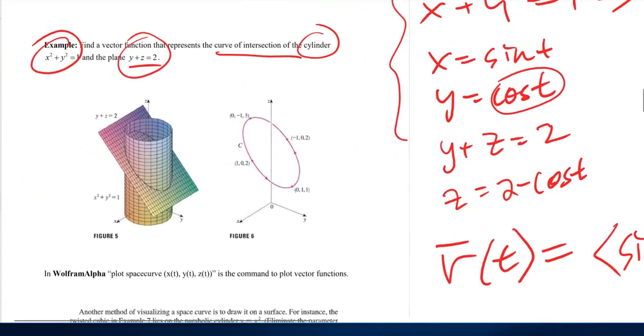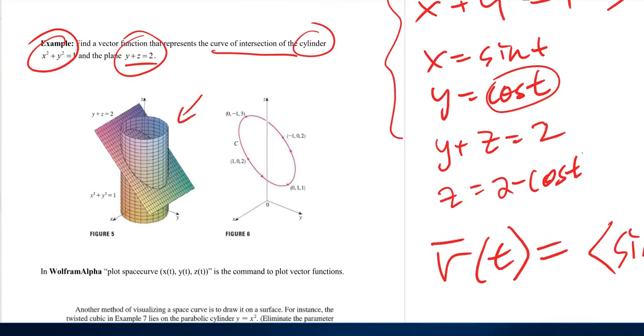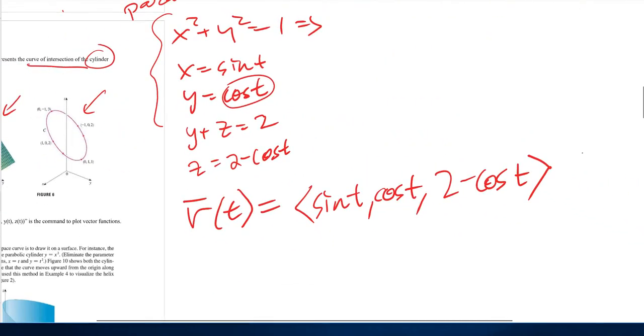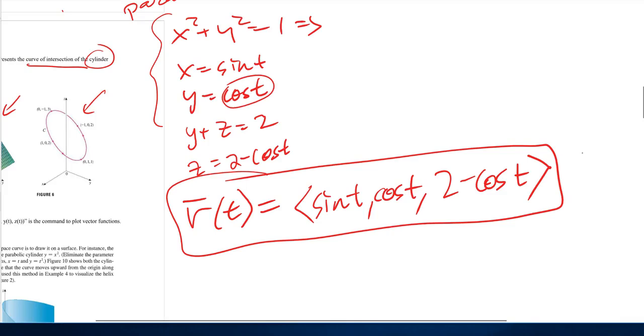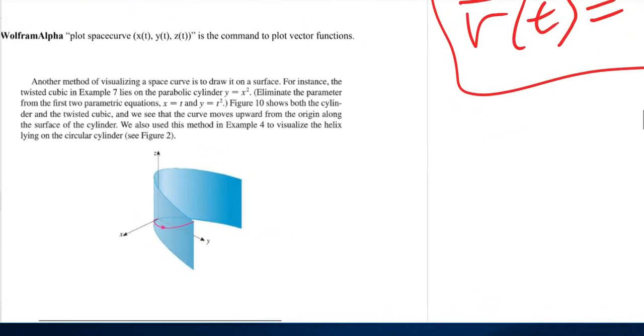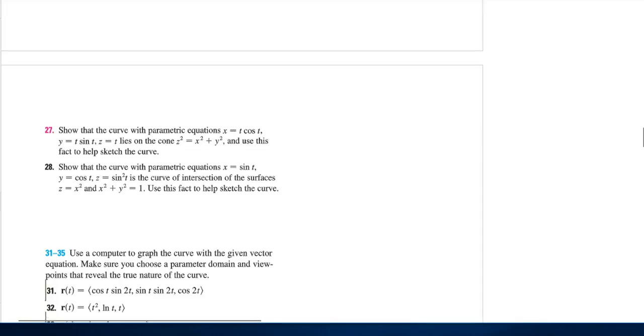So we take the cylinder and we slice it with this plane, and we get this curve here. And the curve is sine t, cosine t, 2 minus cosine t. Okay. This is from the book. I'll let you read it.